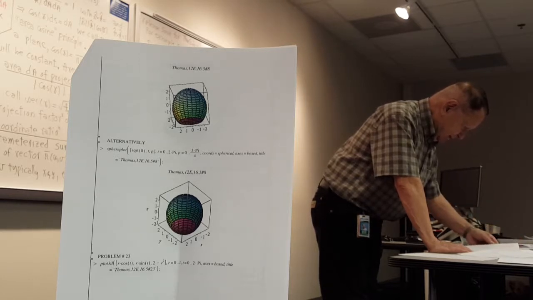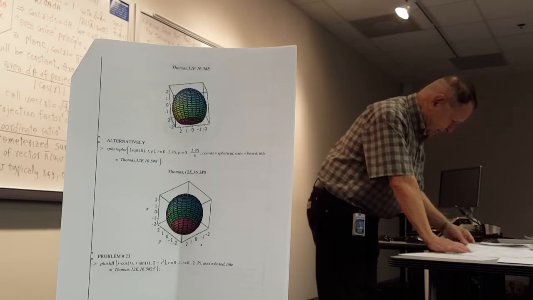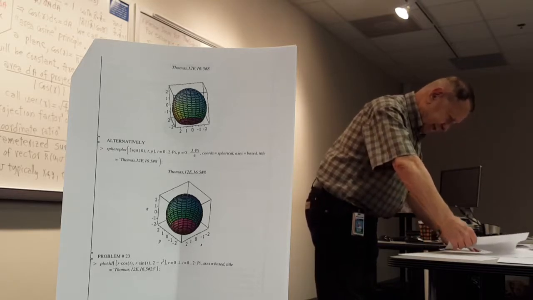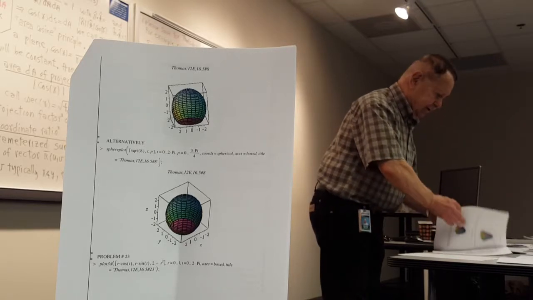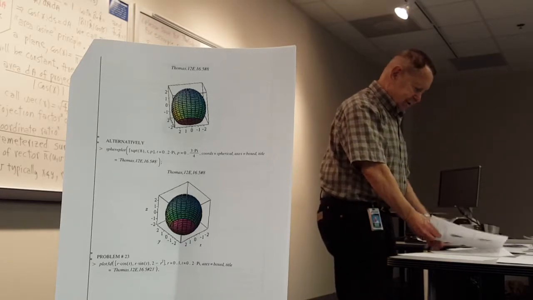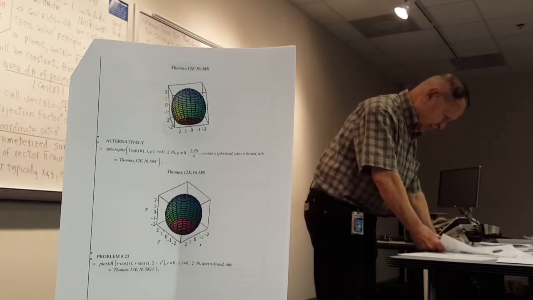It shows the top. There's this cone that's underneath it. I guess where I typed problem 23 in is on the bottom of the front side of the next to the last sheet of paper.